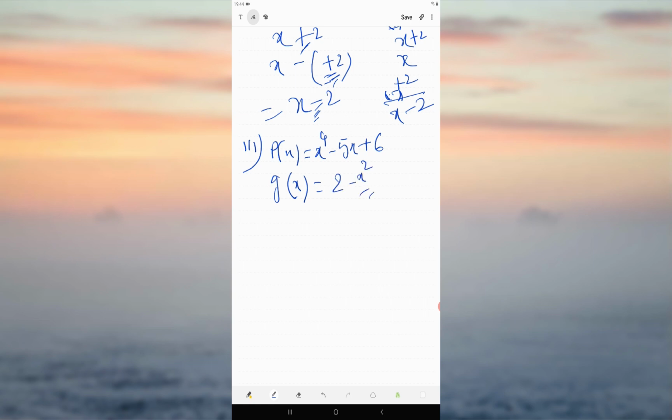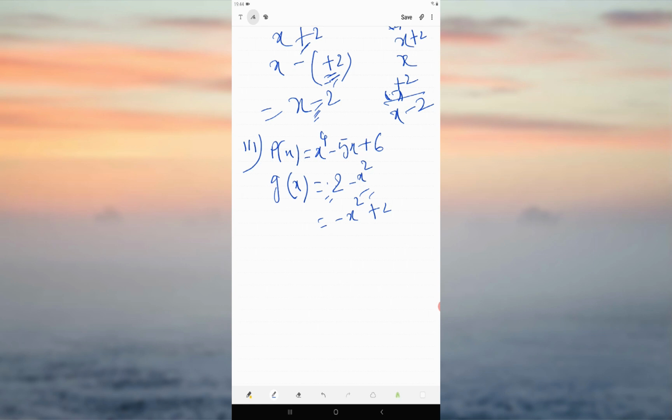So see over here, I can write it as minus x square plus 2, because if nothing is there, that means plus sign. So minus x square becomes first and then plus 2, because sign of 2 is plus. Hence I wrote plus 2. So gx we have is minus x square plus 2.